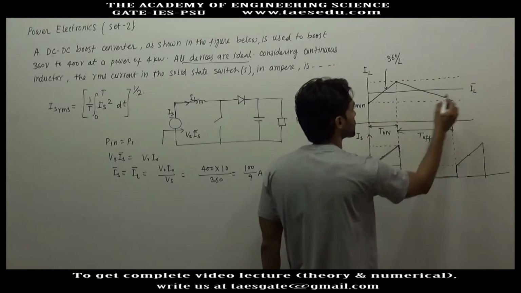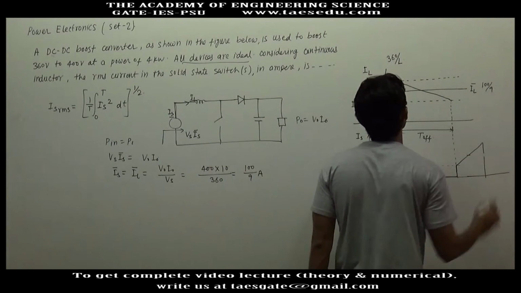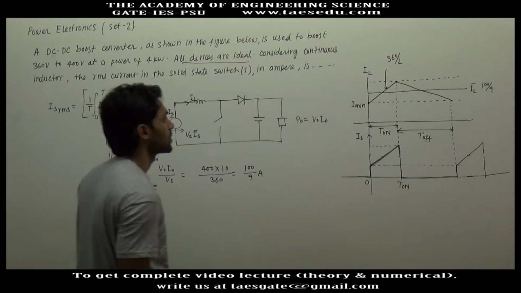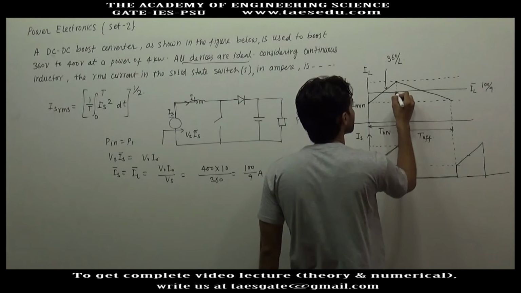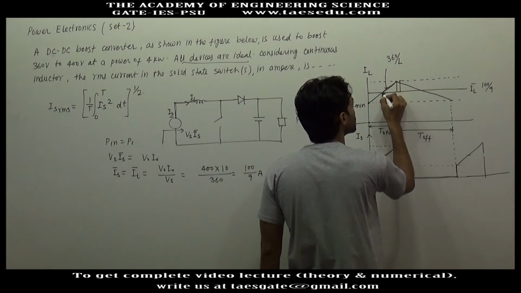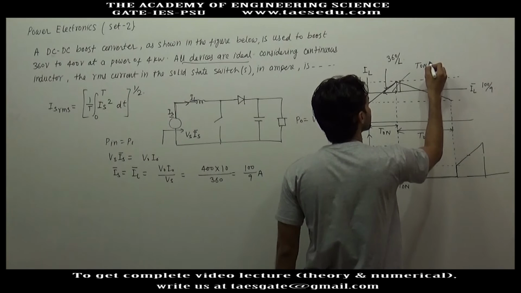So the average inductor current is 100 divided by 9 ampere. And what will be this ripple? What will be this height? This height will be this slope into this width. This width is T on, by 2.